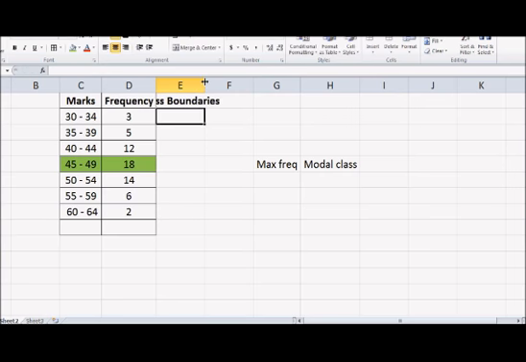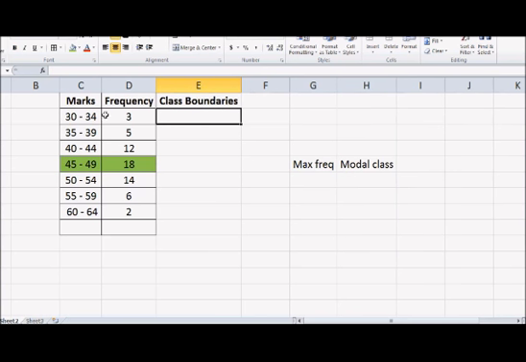And how do we do that? Exactly. We take the difference. Now we see that the difference between the end of this class and the start of the next class is 1. We need to divide that difference by 2 and add half of it to the upper limit of the first class and subtract another half from the lower limit of the next class.